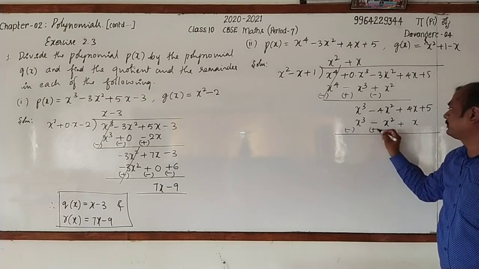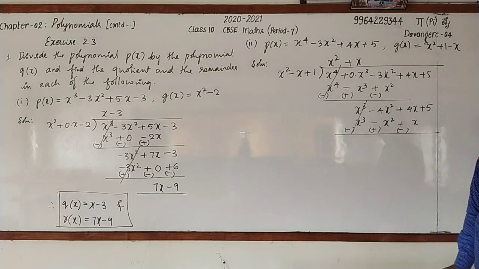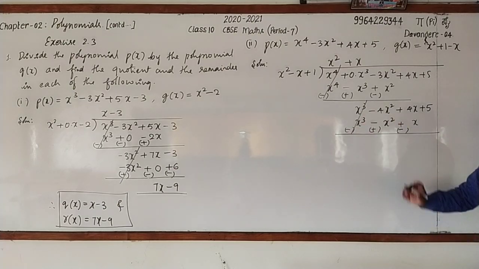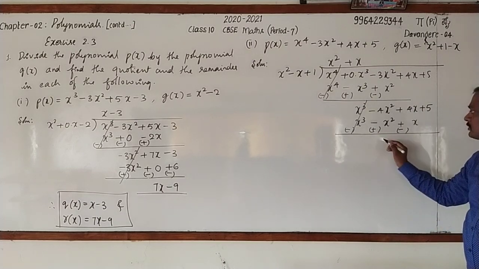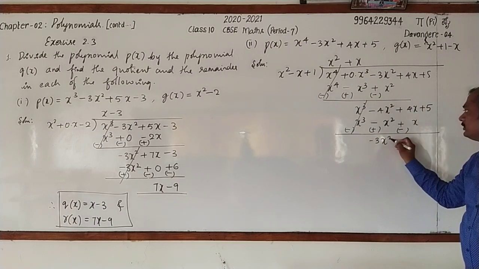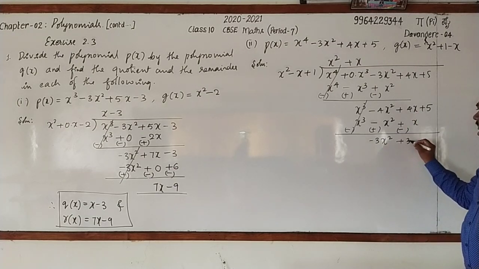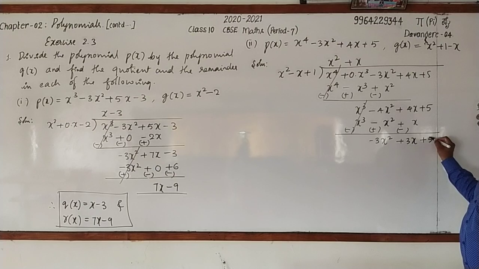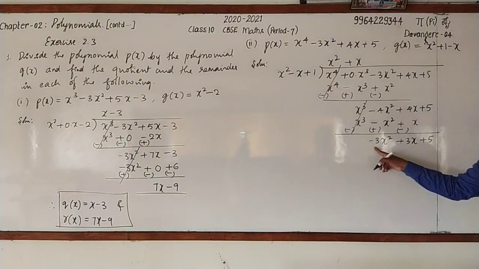Minus, plus, minus. Now, same terms with a different sign get cancelled. Minus 4x square plus 1x square, it is minus 3x square. 4x minus 1x, it is 3x. Carry down 5.